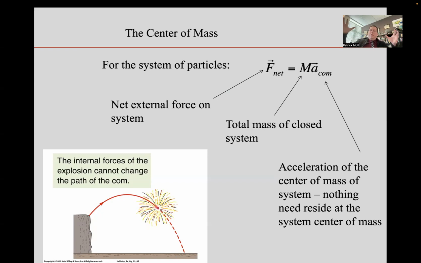But that entire shower of sparks has to move in such a way that the center of mass of their system keeps following that same parabolic trajectory. So the shape that you see for that rosette in the explosion of fireworks is all set by the fact that the explosion itself can't change the momentum of the system. It's an internal force to the system.